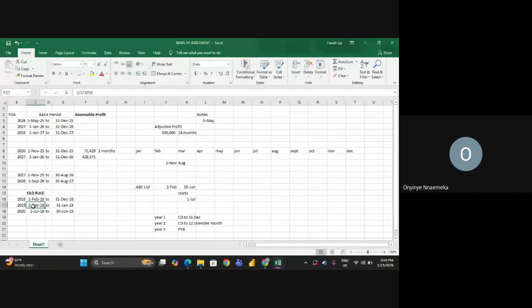Now, date of commencement to 12 calendar months means a whole year, regardless of when that year will end. The third one says preceding year basis, that is, follow the normal accounting period, PYP, because in the third year they assume you are following the existing business, you have joined them, you're no longer a new business. That is it.